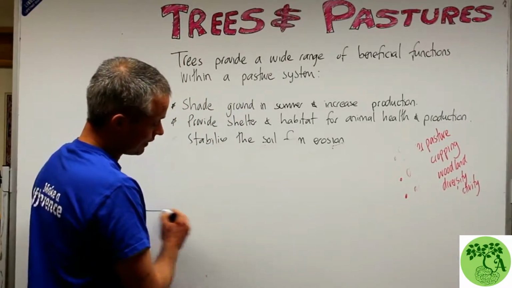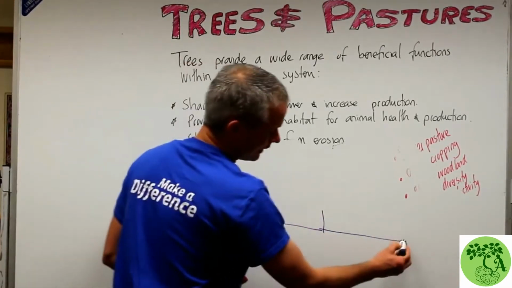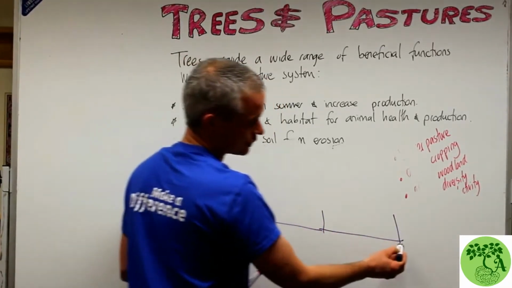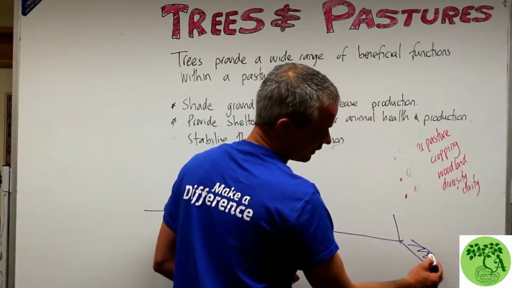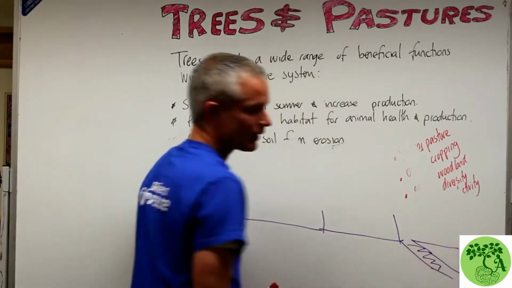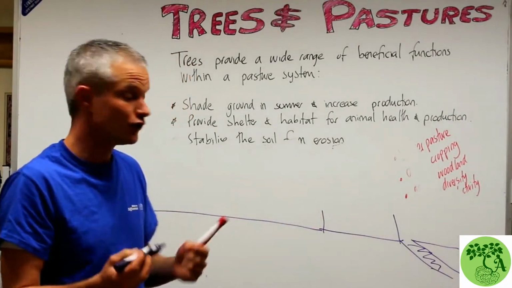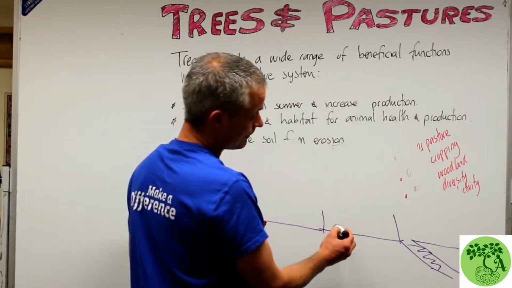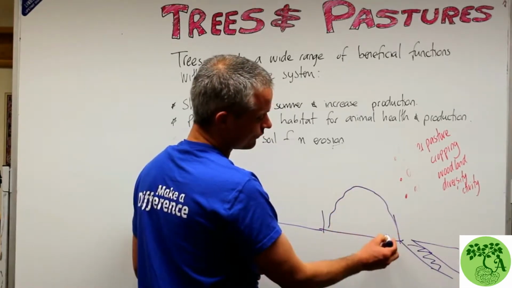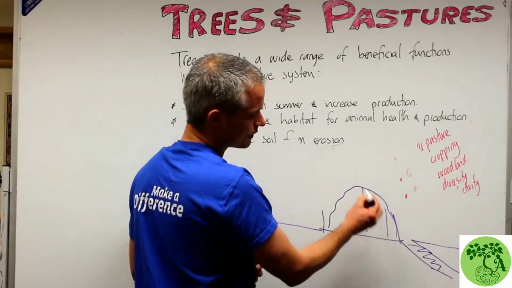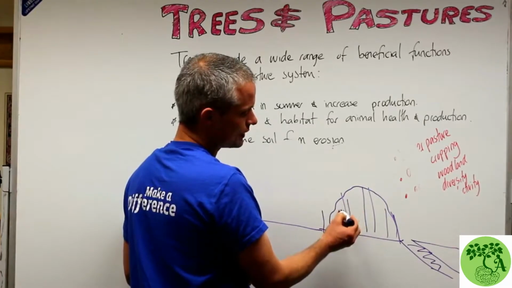So you may have a pasture system and a planting in association with maybe a stream, so it might be a riparian planting, or it might be a windbreak, or it might be a cash crop, or a food forest, or whatever it is. But generally you'd have some sort of diversity of trees planted in that.